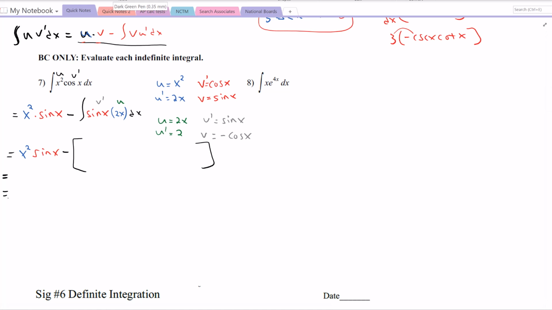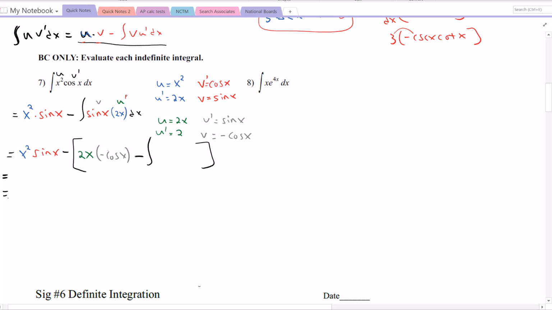So we have u times v, 2x times negative cosine x, and then minus the integral of v u prime.